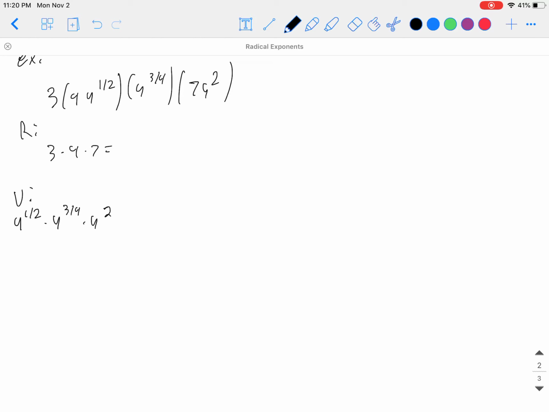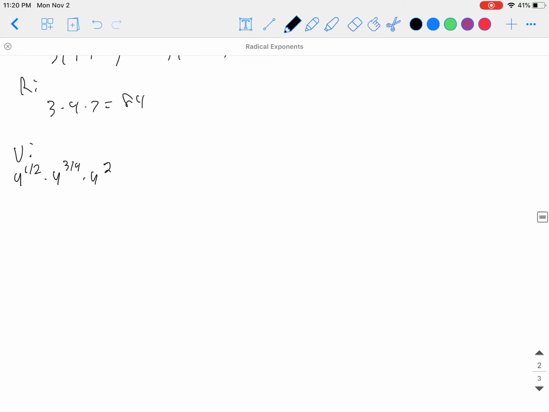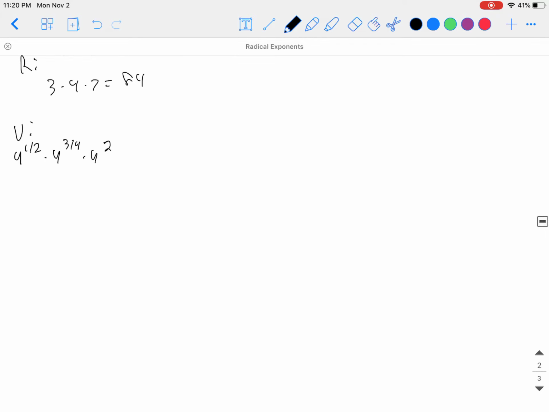For the real numbers, we just have to multiply, giving us 84. And for the variables, again, we just multiply. You remember when we multiply powers, we actually add the exponents. So this is equivalent to y to the 1/2 plus 3/4 plus 2. When adding fractions, we need common denominators. So we need to multiply 1/2 on both the top and bottom by 2, giving us 2/4. And 2/1 times 4 on both the top and bottom, giving us 8/4.